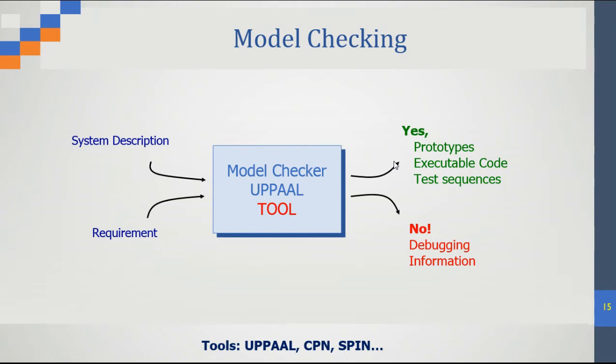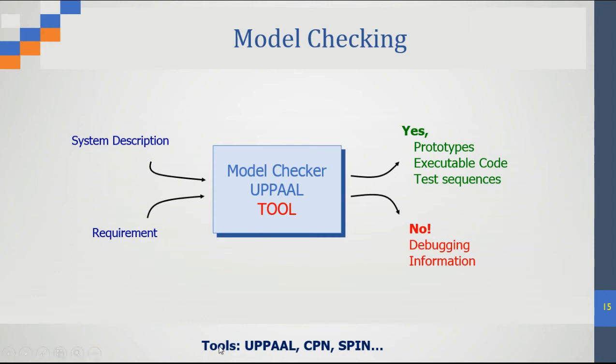We use Uppaal to verify some properties, and if these properties are satisfied and correct, we can go to the next step, which is to execute the code or develop the prototypes. But if not, we should go back to designing or modify the model.